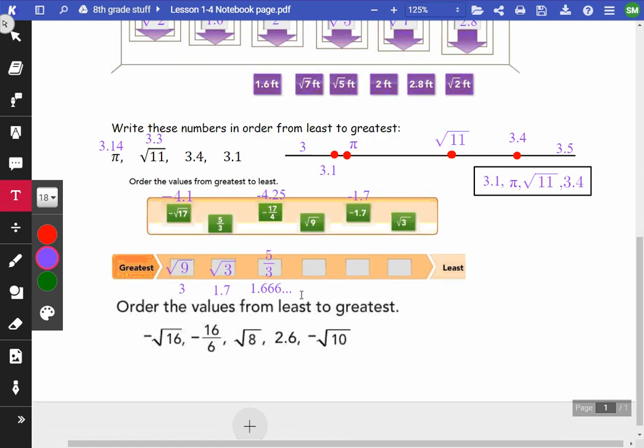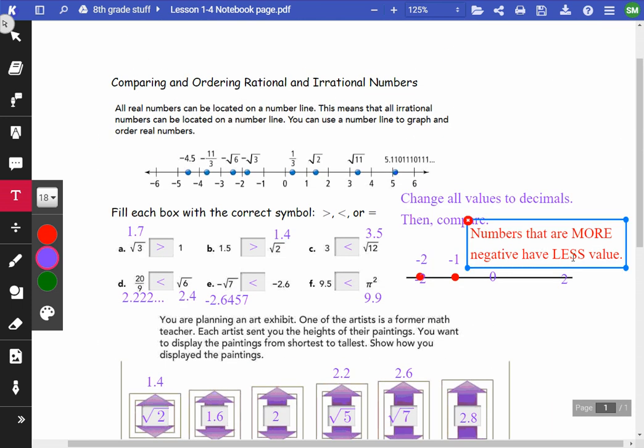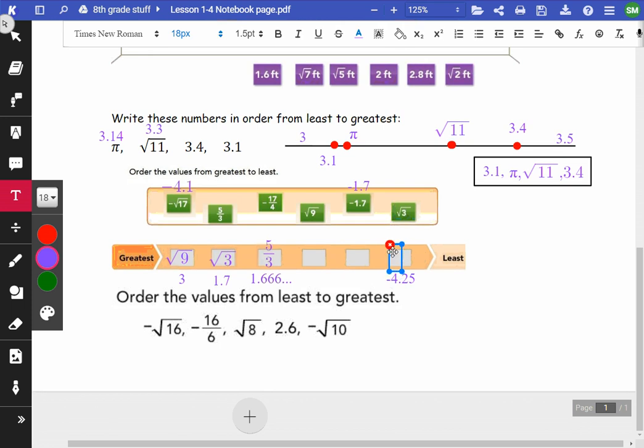Now we're going to the negatives. Now which negative is going to be the greatest value? Remember we said numbers that are more negative have less value. So our most negative number is going to go down here by the least. So I could figure that out easier, actually. I'm going to start from here. Negative 4.25, which was negative 17 fourths. So I'm going to type that.